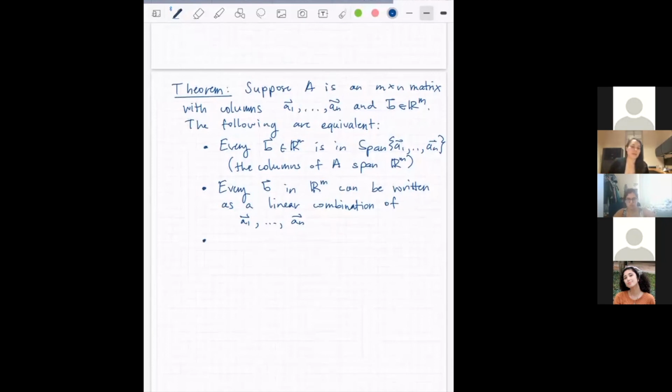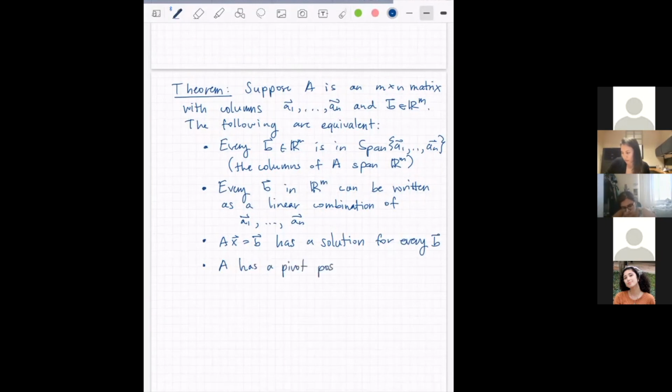And then this is also equivalent to saying that the matrix equation AX equals B has a solution for every B, right? And finally, we have one more: the matrix A has a pivot position in every row.